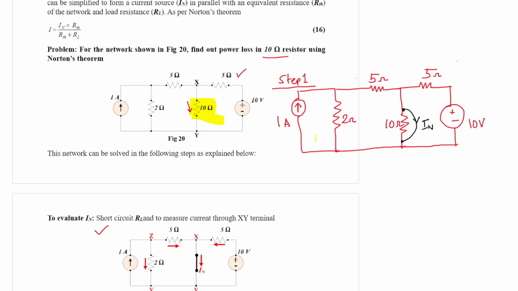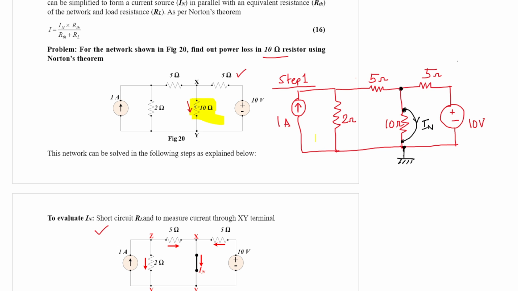Now first you need to understand some aspects of this network. You need to analyze. Since these two nodes are shorted, this node is at ground potential. For figure 20, node X and Y are different because there is a potential difference across the 10 ohm resistor.